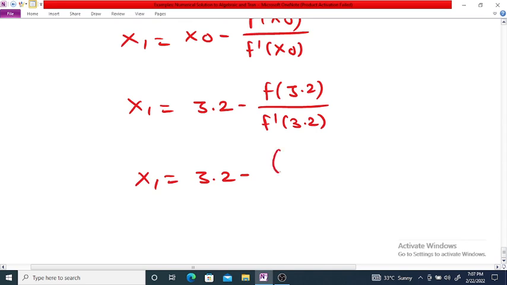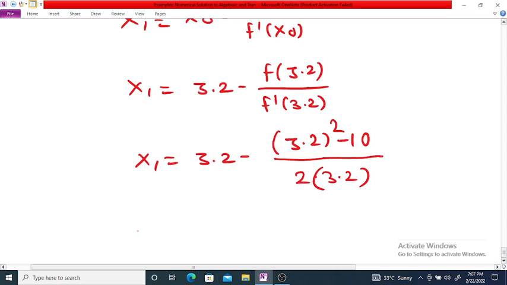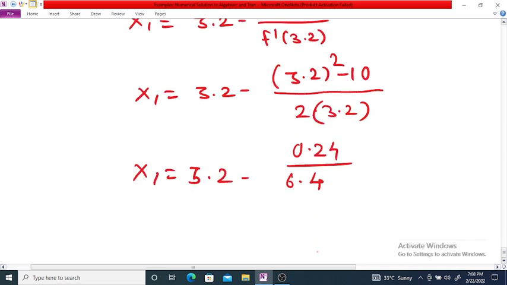So it is 3.2 bracket square minus 10, and f dash is twice x, so 2 times 3.2. So if we solve this, x1 is equal to 3.2 minus 0.24 divided by 6.4. So x1 is equal to 3.1625. This is the value of x1.